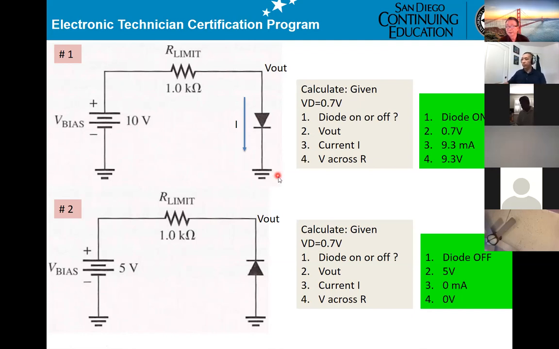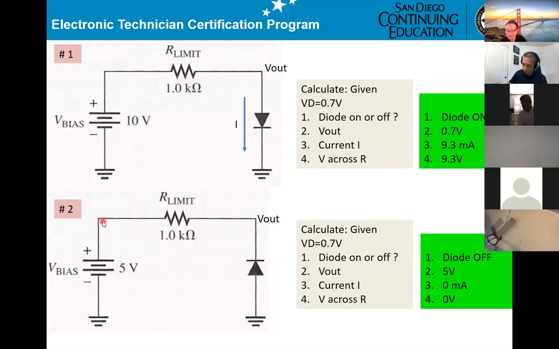Okay, and the second one, the same question: is the diode on or off? You get 0 volt here, and on this side will be 5 volt. So the diode will be off. It is open. And if they ask for Vout here, when it is open, no current flows, so no voltage drop across the resistor.